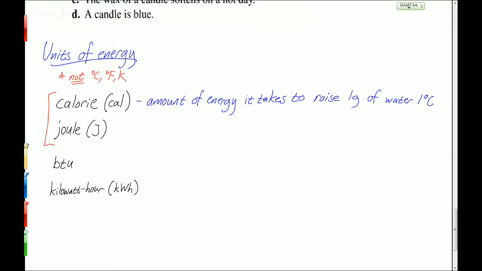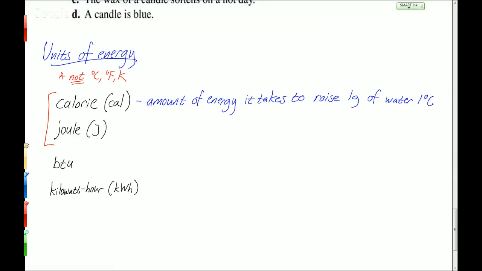And that's scalable. If you have a liter, 1,000 milliliters, and you want to raise that 1,000 milliliters of water by 1 degree, how much energy does it take? 1,000 calories. Each one takes 1 calorie to raise 1 degree C. If you wanted to raise this whole thing 5 degrees, it would take 5,000 calories.